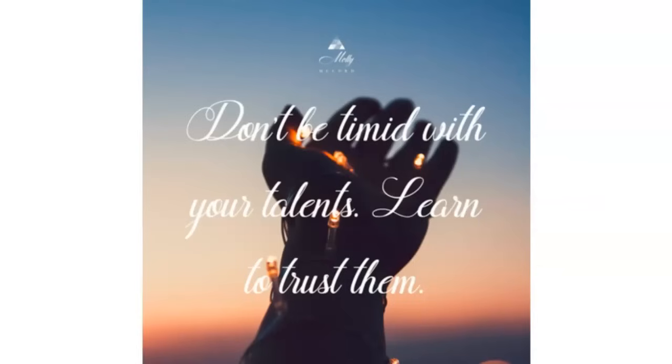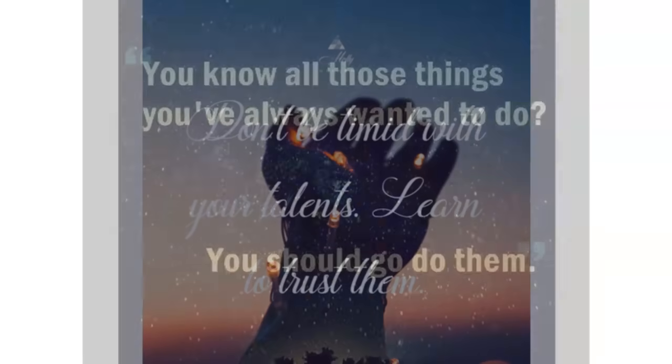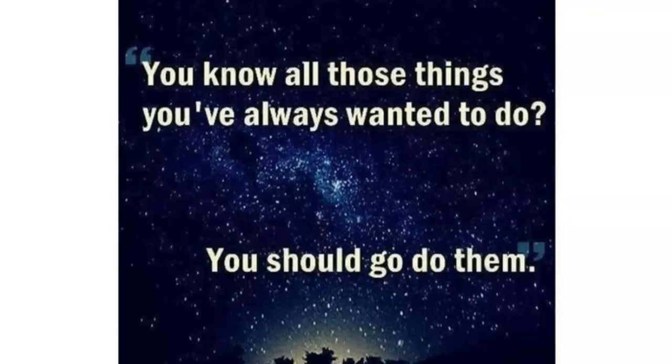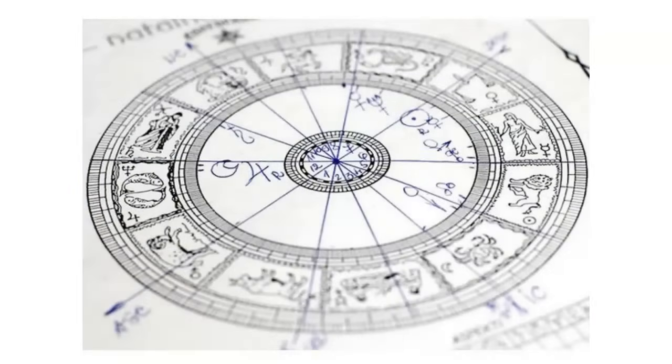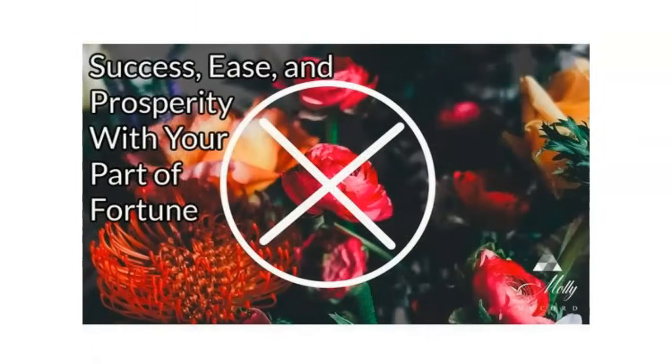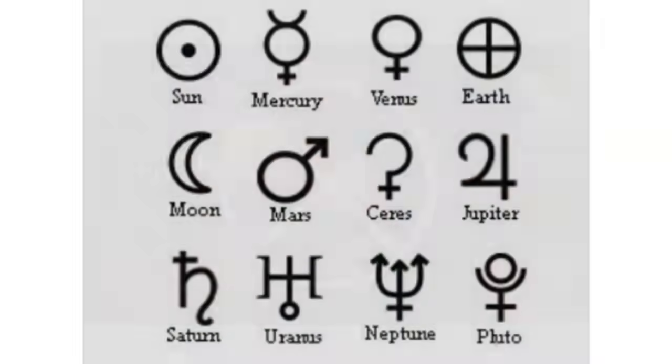Now, when we're looking at the part of fortune, we would traditionally calculate it based on whether or not you have a day chart or a night chart, because the formula switches. But we also have recognized that there can be very insightful developments just by going with one formula, so either can be valid. And so for a day chart, when the sun is in the 7th, 8th, 9th, 10th, 11th, or 12th houses, we do ascendant plus moon minus sun.